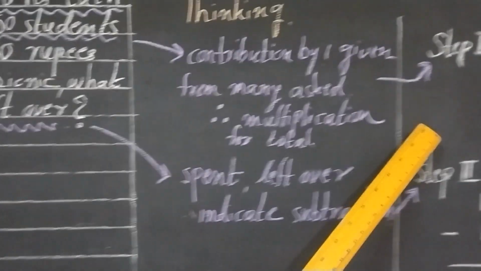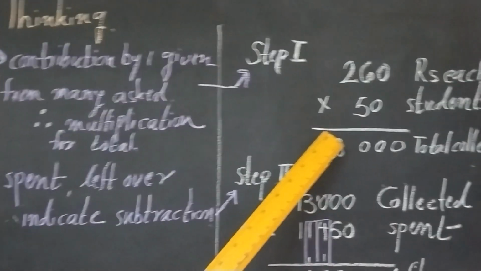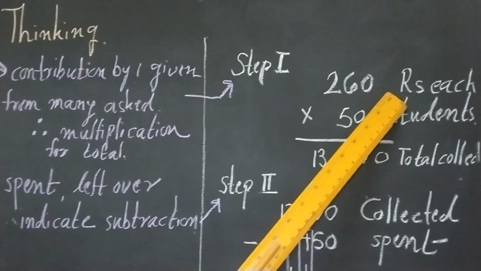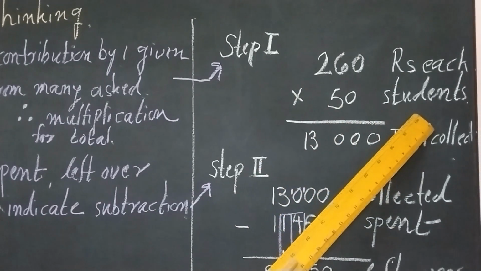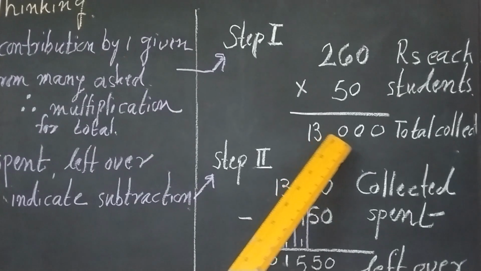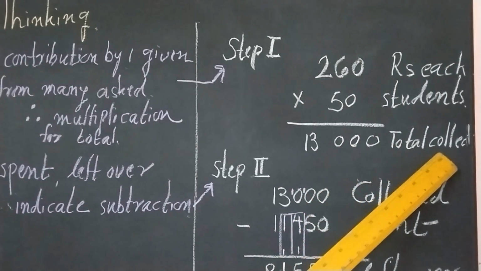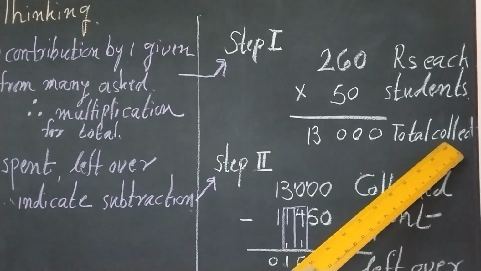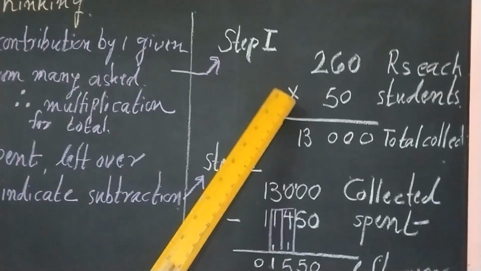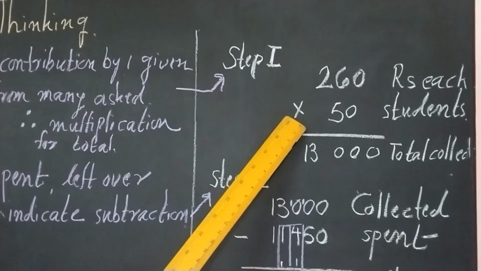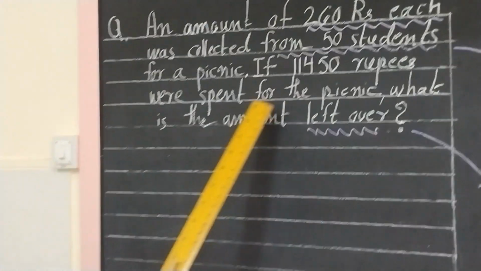So here we have carried out multiplication. 260 rupees each into 50 students means 13,000 rupees were collected in all. So here our step 1, which is of multiplication, ends. Now let us come to the next half part.